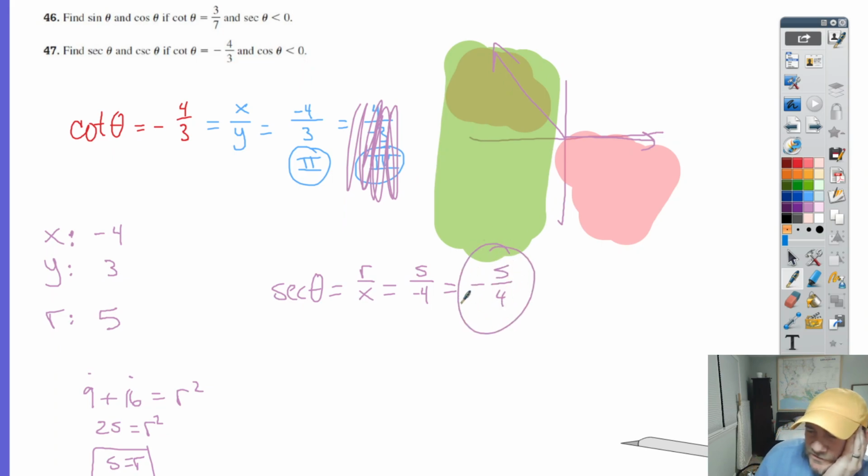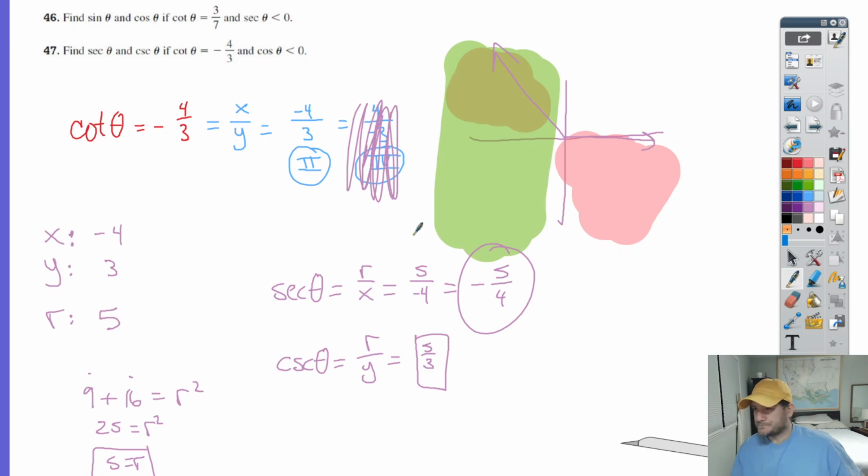Write it correctly, please. They also want cosecant. Cosecant's reciprocal of sine, so it'll be y over r. I said that backwards, it's r over y. So it's going to be 5 over 3. And that's it, easy peasy.